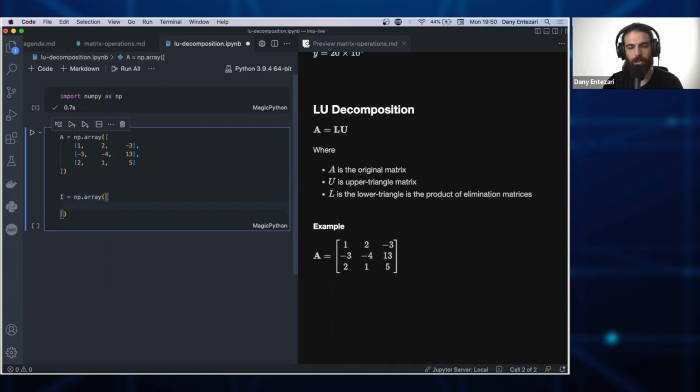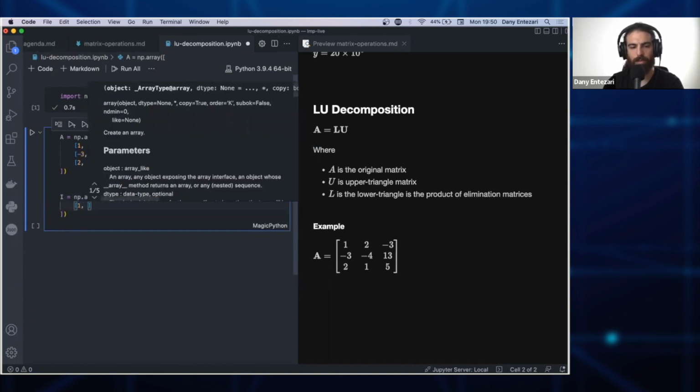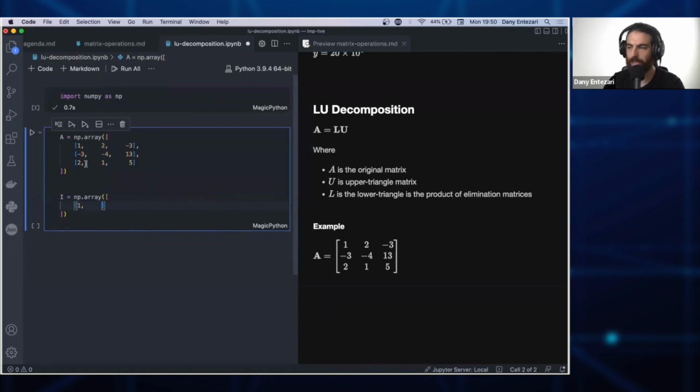What's in the identity matrix? You have a square matrix that is the same size as the matrix to which you want to multiply this identity matrix. And we have these values. Basically, an identity matrix is a matrix with zeros everywhere except across the diagonal, the main diagonal. Why is it called identity matrix? Let me show you.